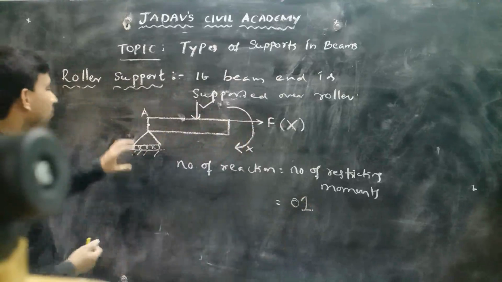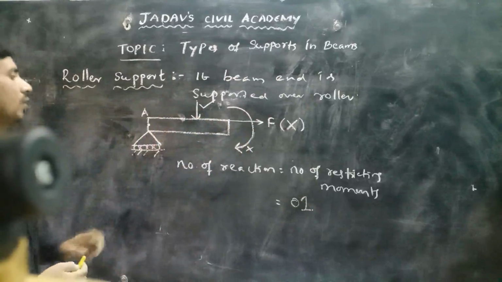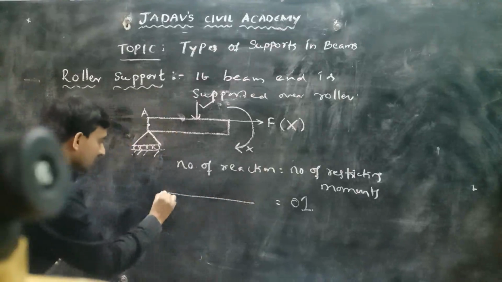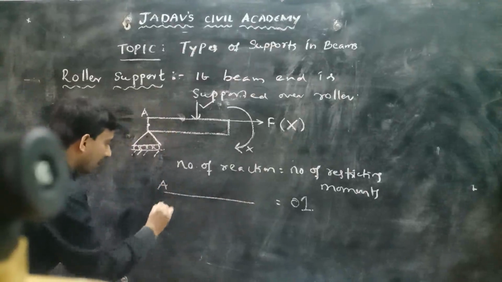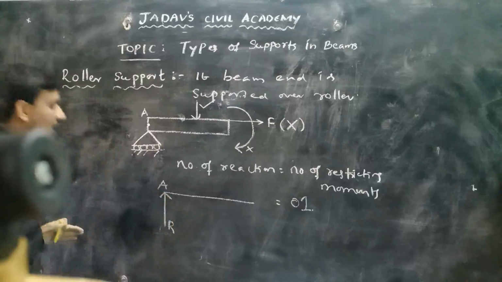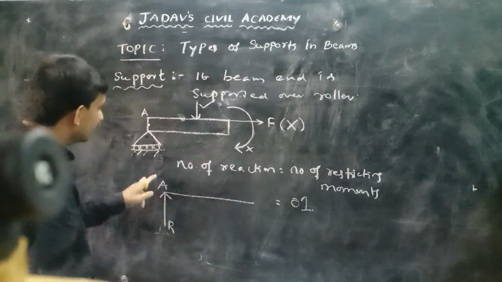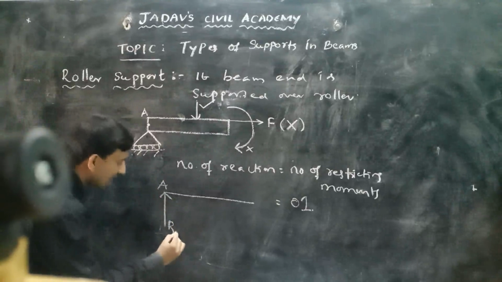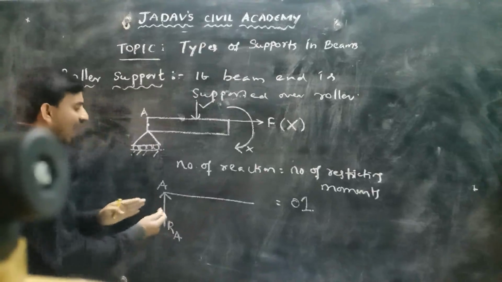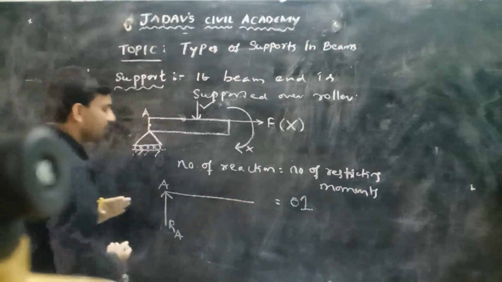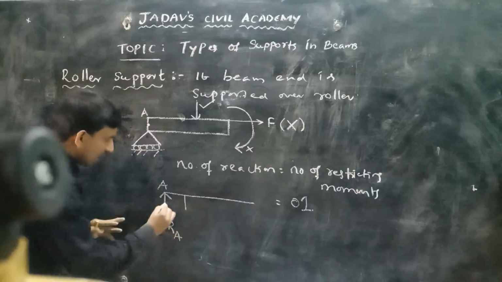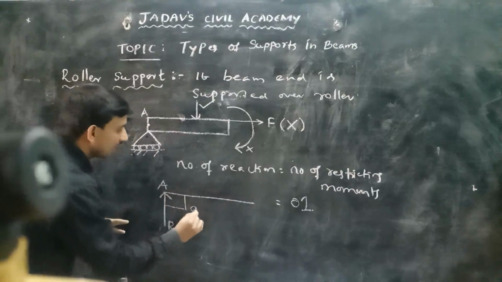For analysis of the beam, where the support is acting at A, by removing this support we will give a reaction R here. As this reaction is acting at point A, we designate it as R suffix A. Again, this reaction acts normal to the axis of the beam, so the angle between this normal reaction and the axis of the beam is 90 degrees.